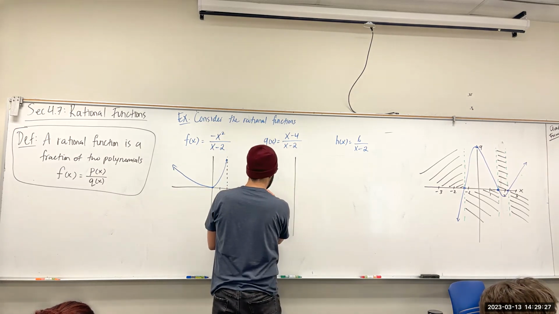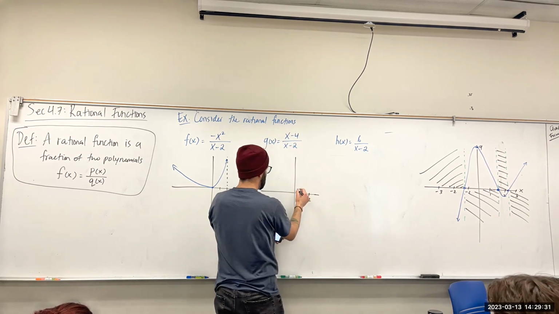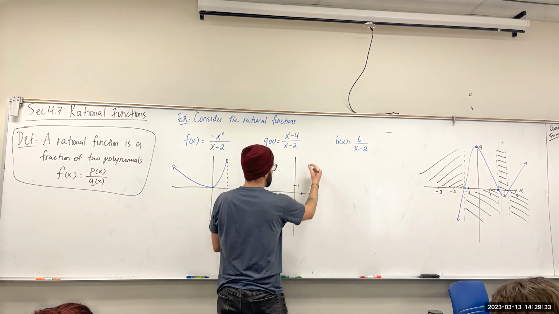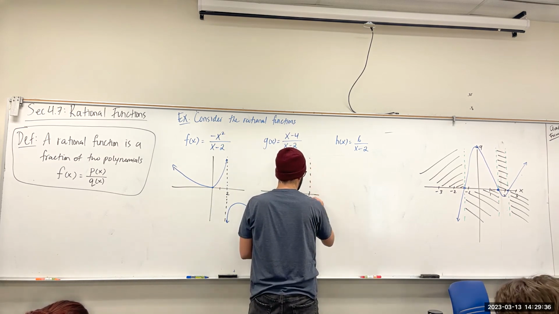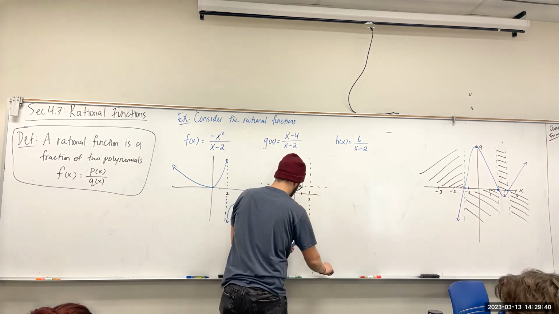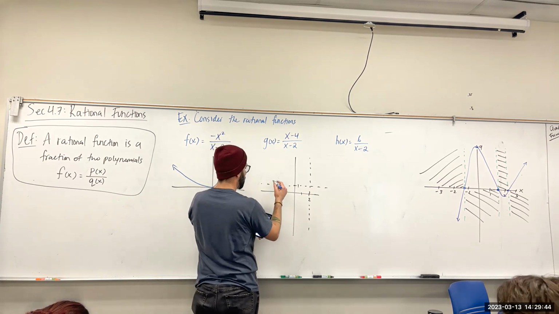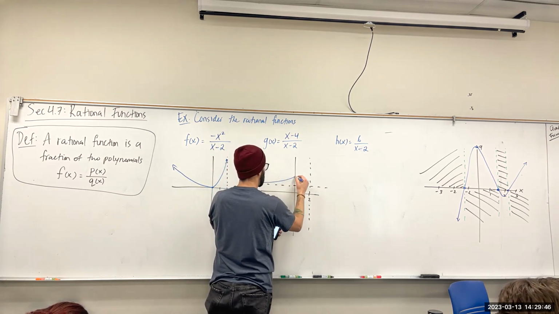This one also had an asymptote at 2, but then we saw I had a horizontal asymptote at 1. And then the graph did this thing like that.